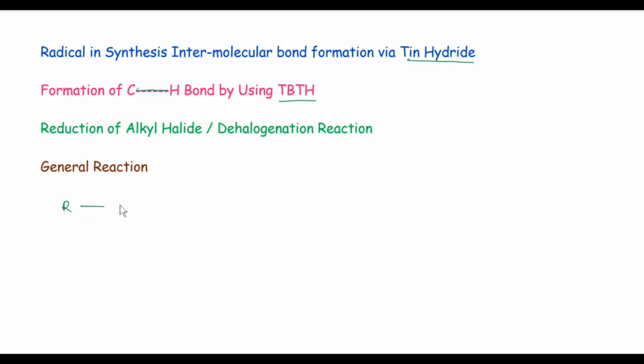In the general reaction, this alkyl halide reacts with TBTH and AIBN in presence of light, and we get alkane plus n-butyl tributyl tin halide as a product.